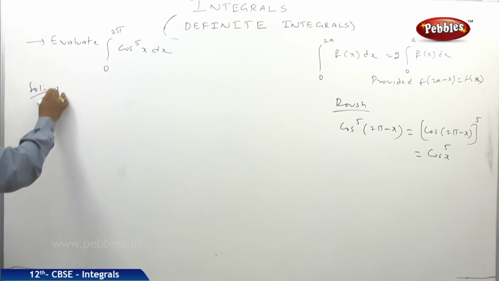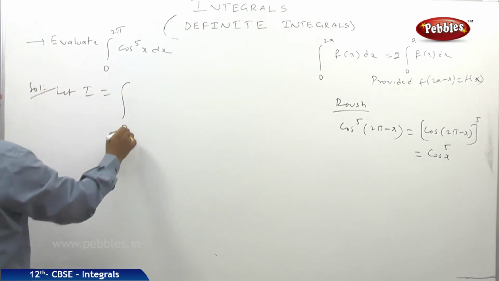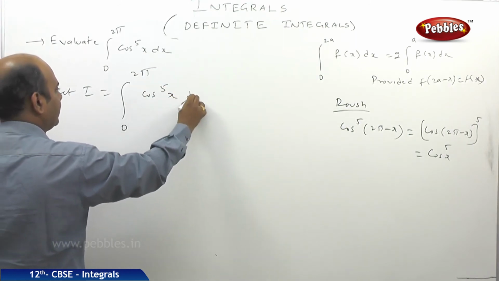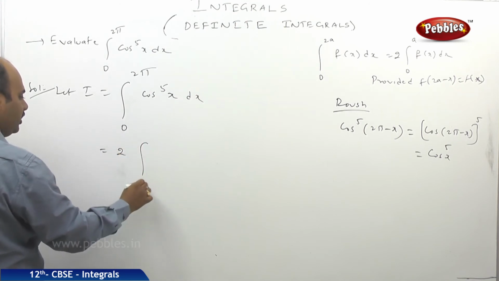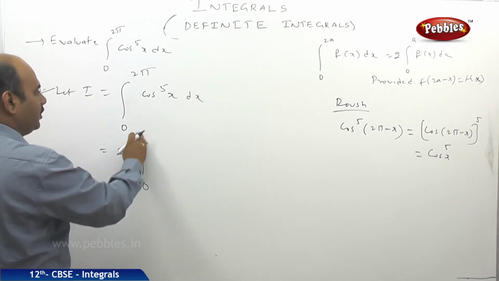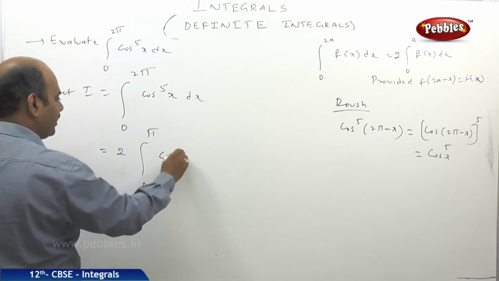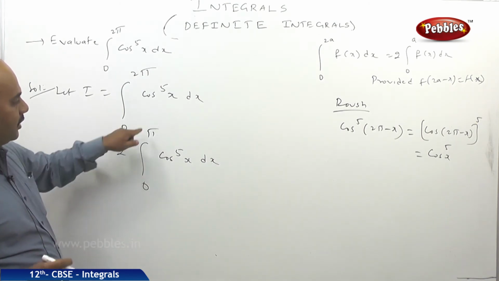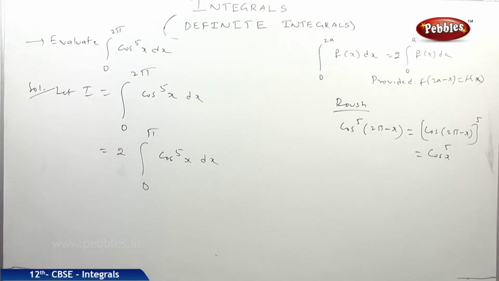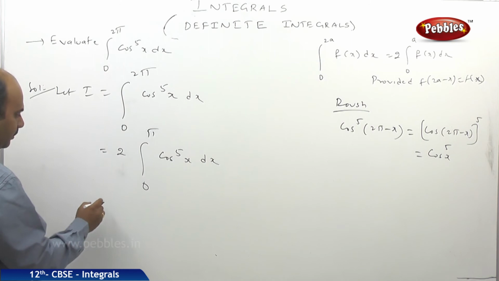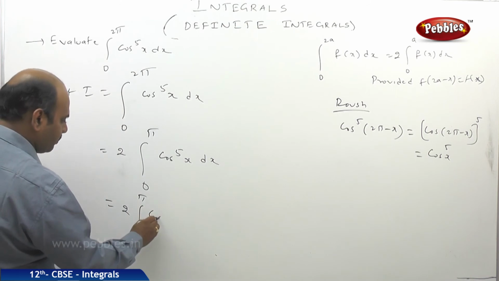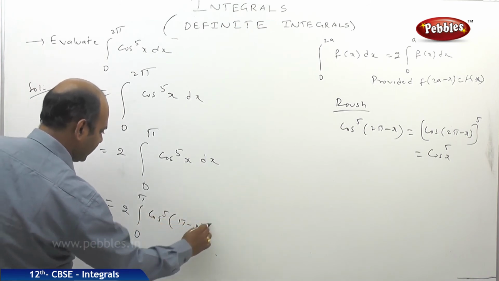So how will I approach it? Let I be equal to the integral from 0 to 2 pi of cos power 5x dx, which is equal to 2 into the integral from 0 to pi of cos power 5x dx. Now again I will be applying the property: 2 into the integral from 0 to pi of cos power 5 of (pi minus x) dx.